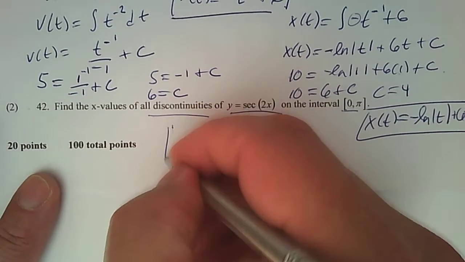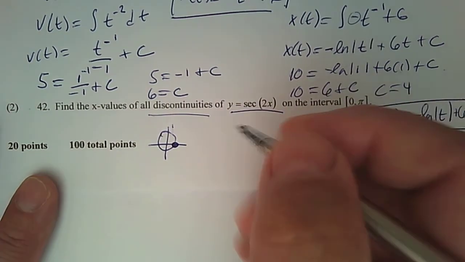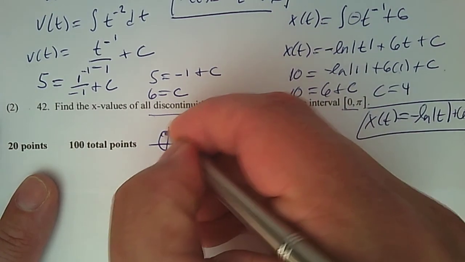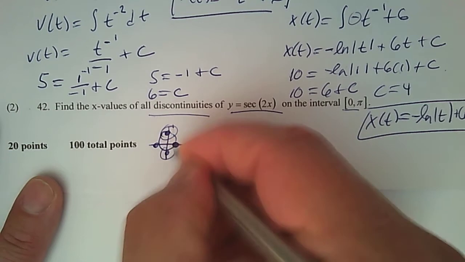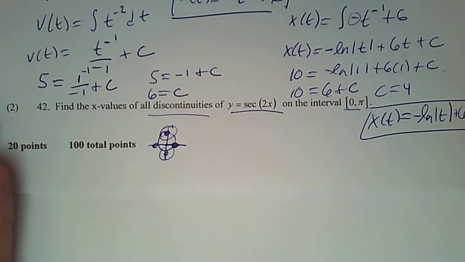Let me just draw a little unit circle here. So here, remember, it's the reciprocal of the x-coordinate. So the x-coordinate's 1, the x-coordinate's 0, the x-coordinate's -1, and then back to 0 again. When it's 0, that's when there's an asymptote. There's a discontinuity. It's not continuous, if I can say that right.